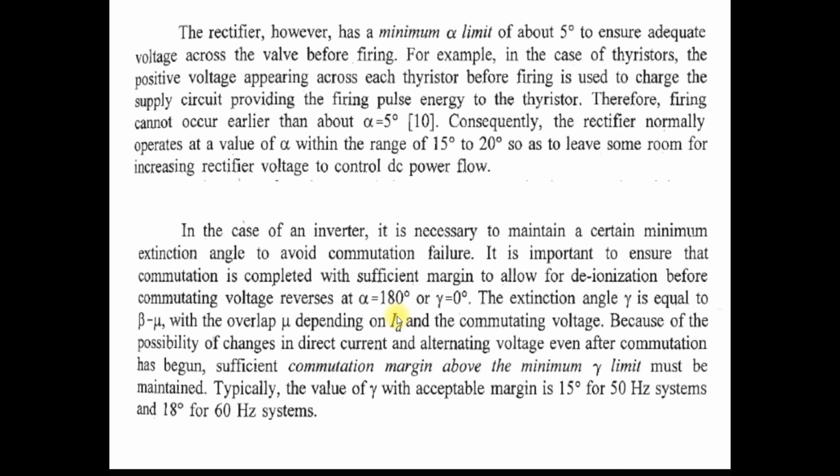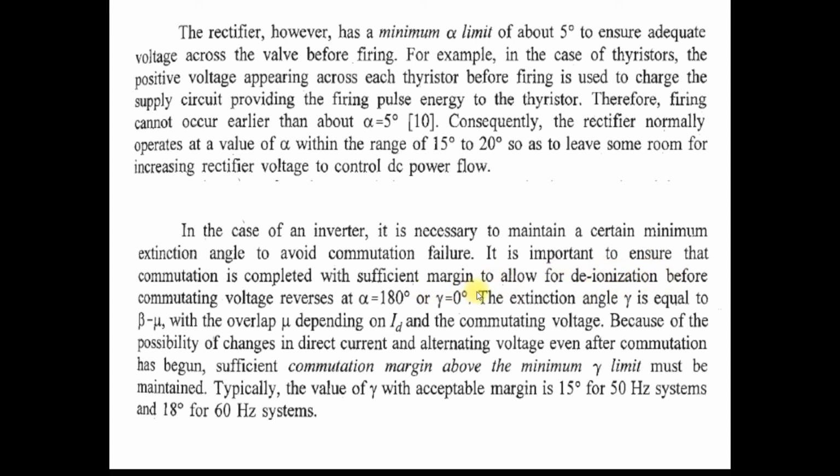So what is the range of this gamma? It is important to ensure that the commutation is completed with sufficient margin to allow for deionization. This margin, this gamma, is provided for the deionization of valve number 1 when commutation happens between valve number 1 and 3. During this period, the minority charge carriers flowing in valve number 1 are completely wiped out and the valve becomes completely off, or we can say this is deionization.